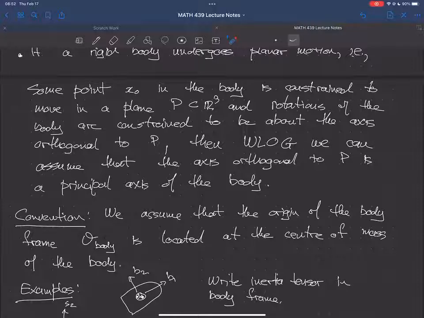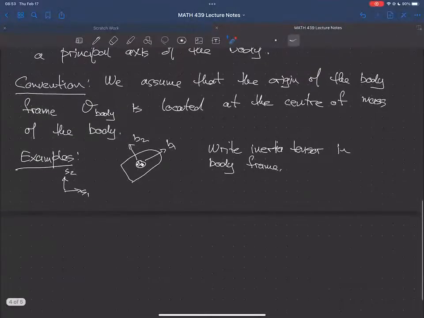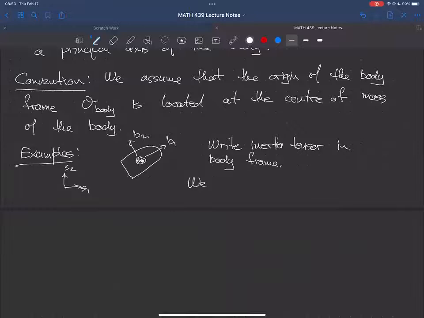I've chosen the B1 and B2 basis vectors for the frame to lie in the plane P that the body moves in, and so B3 will be orthogonal to those. And so I can assume that B3 is a principal axis. Again, we'll see exactly why this is, but we're not quite there yet.